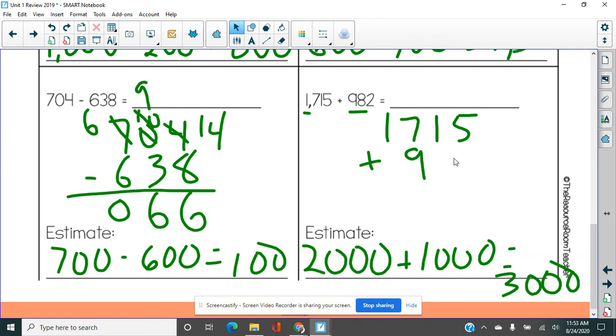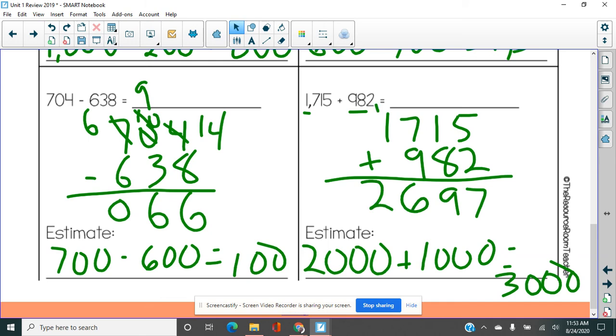Make sure you have the 9 in the hundred spot. If your 9 is over here in the thousands, it's in the wrong place value. It's going to throw your answer way off. Okay, no carrying yet. That would be 16. 2,697.